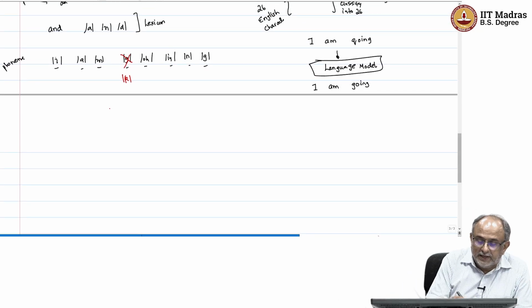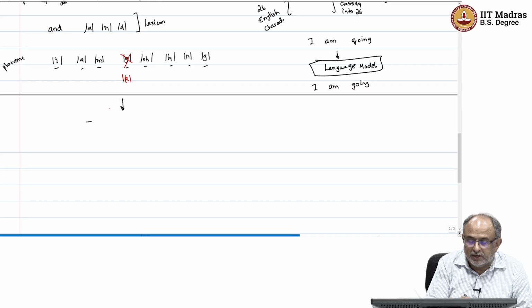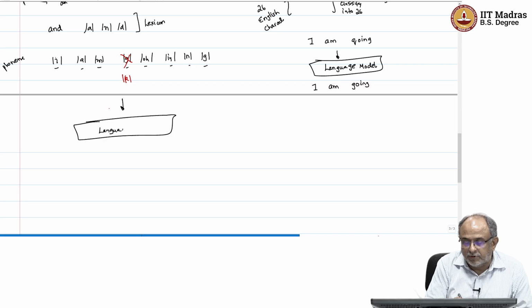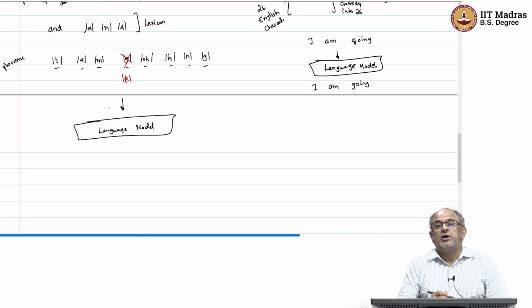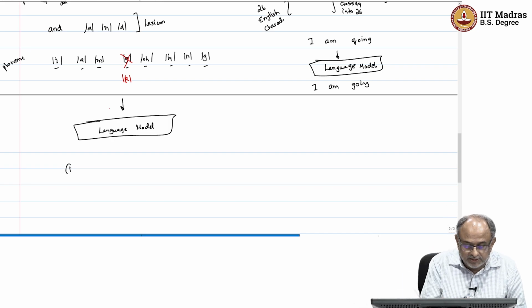And so I will apply a language model here and correct myself. Okay. So, I will have a language model here to correct myself. Now, in today's world, we do something which is much more powerful. We are going to use deep learning first.